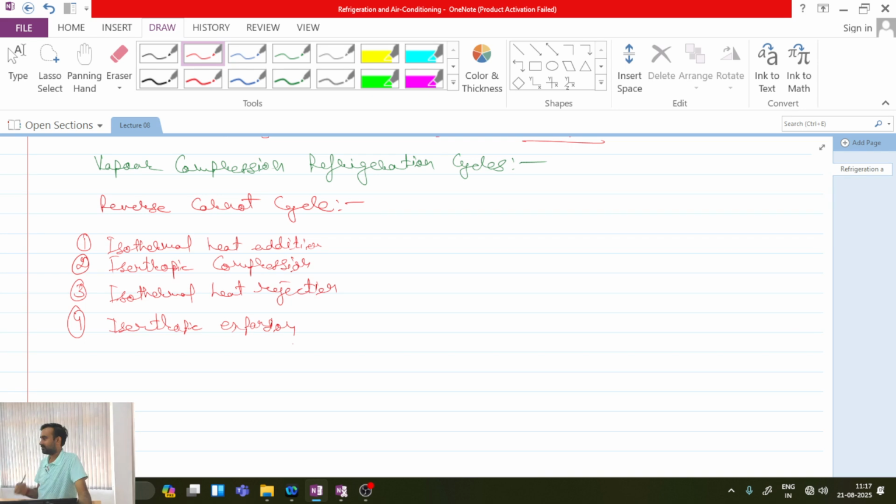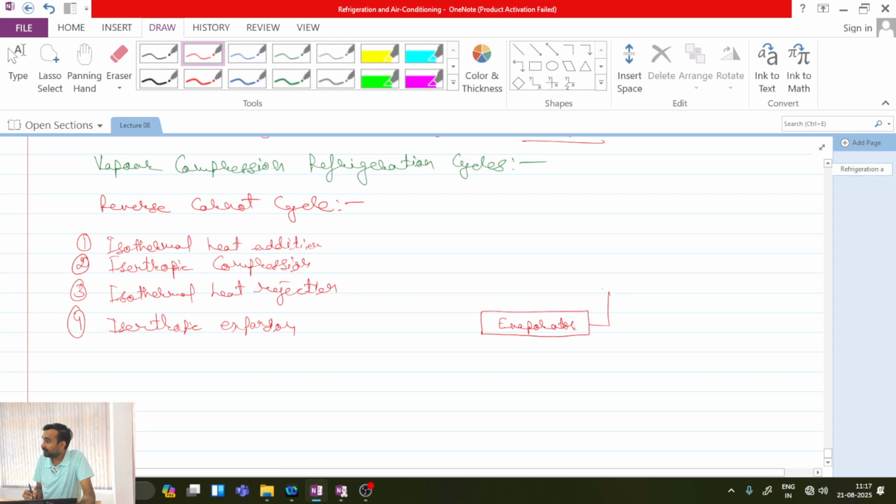All the processes. Please consider this point very carefully. Now we need not use air. What we use? We will be using a medium which is operating in between the liquid vapor dome. Okay. So how I can achieve this cycle? I'll be using some heat exchanger which is called as evaporator.